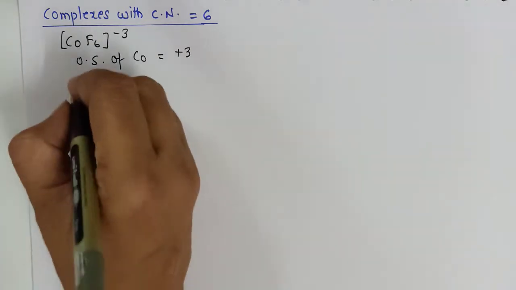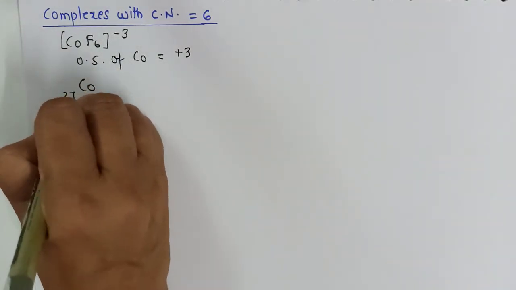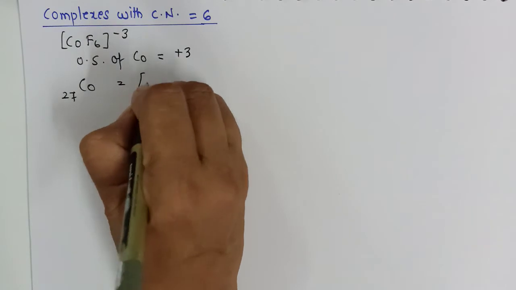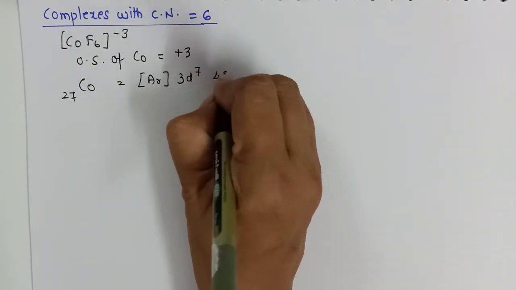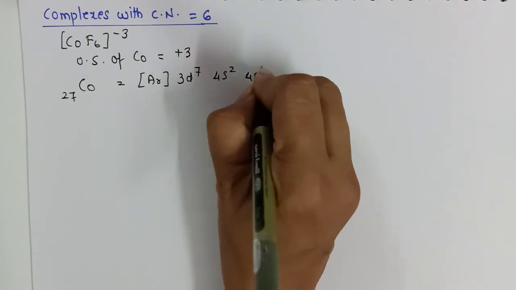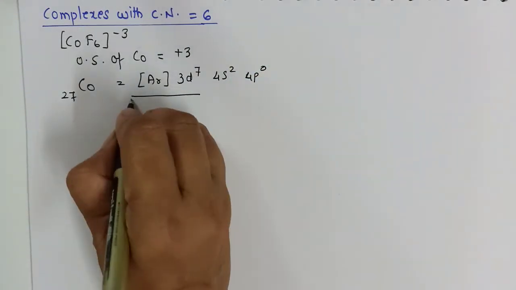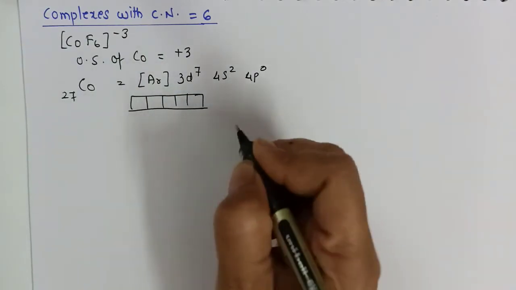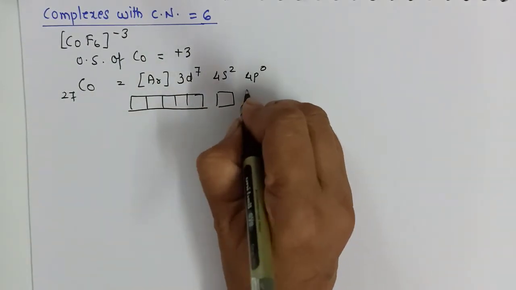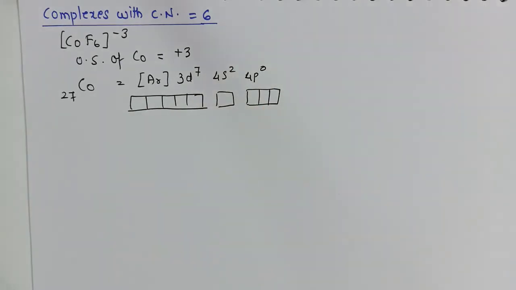So what's the atomic number of cobalt? 27. Electronic configuration: argon 3d7, 4s2, 4p0. Orbital representation: distribute 7 electrons in the 3d orbitals, 2 electrons in 4s, and 4p is lying vacant.